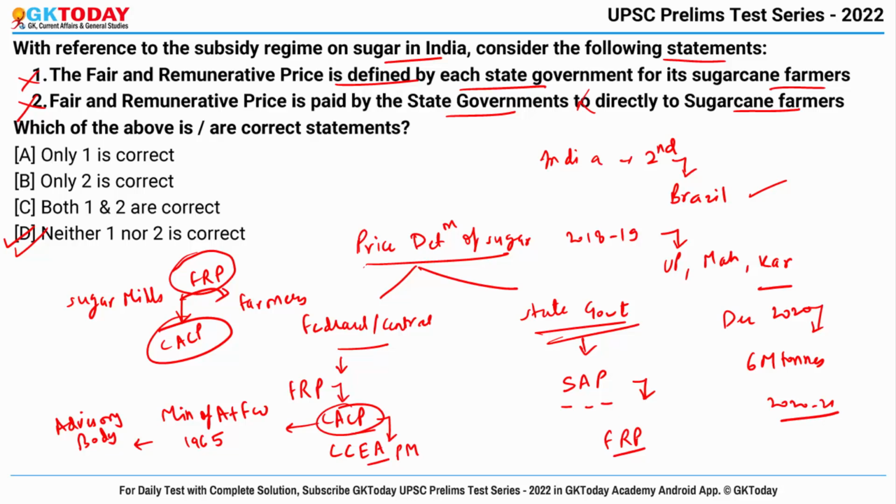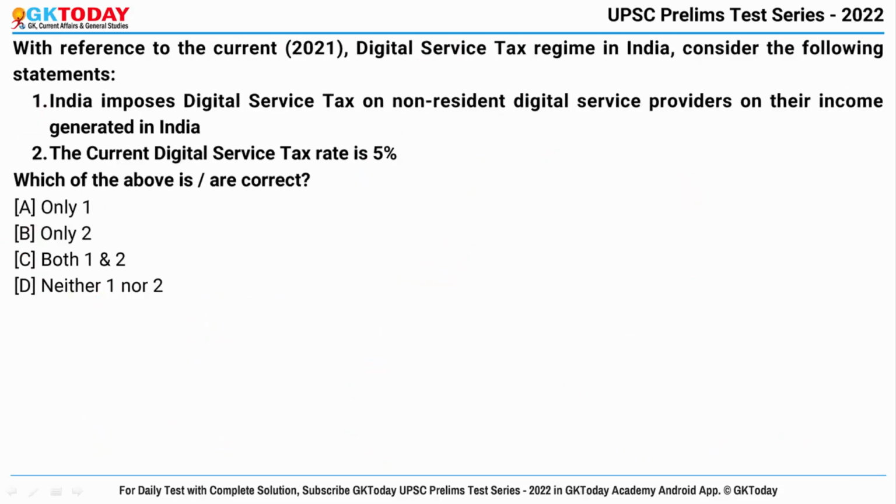Because recently the center reduced the subsidy for sugar export from 6,000 rupees to 4,000 rupees per ton as there is a steady rise in global sugar prices. Also, CCEA, that is Cabinet Committee on Economic Affairs, has approved the hike in FRP of sugarcane for sugar season 2021 to 22. Okay. Next question.